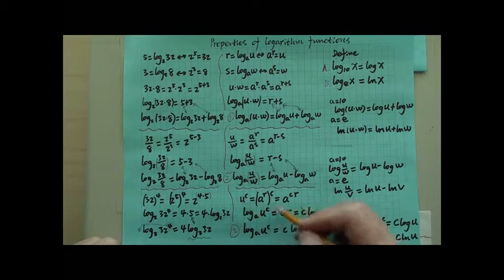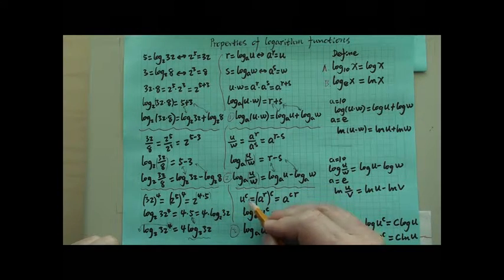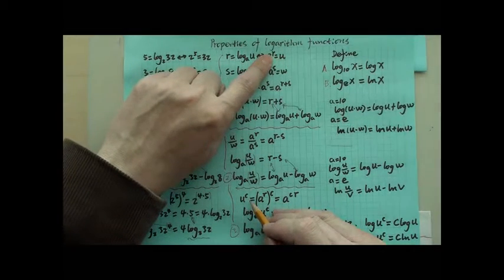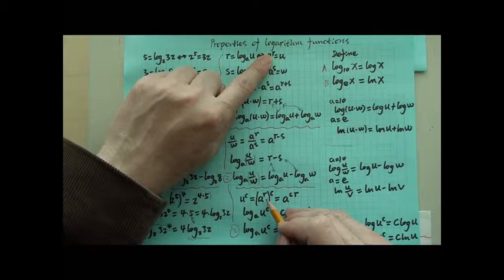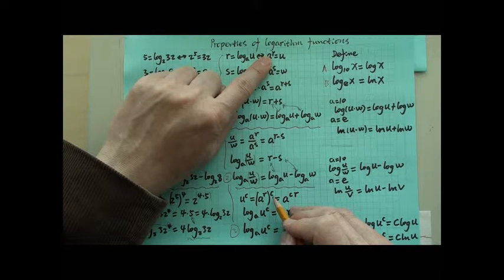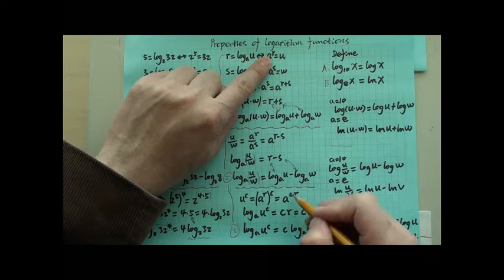Now look at the general proof. That's parallel to this one. U to the C, 1 was over U, A to the R. Okay? So then will be A to the R to the C. Between R and C is multiplication, so C times R, R times C is the same thing.